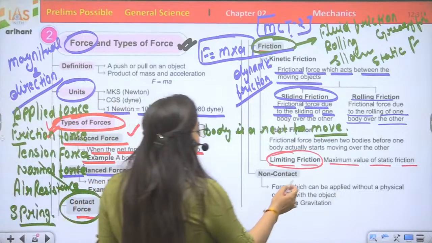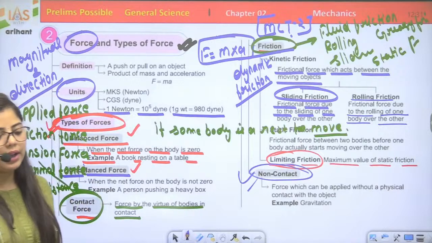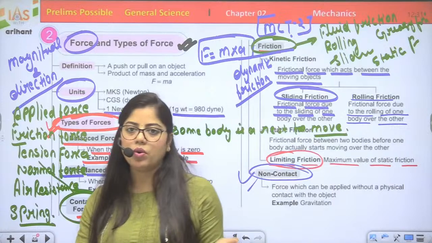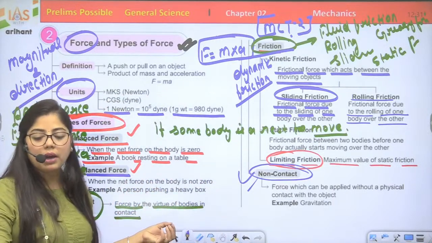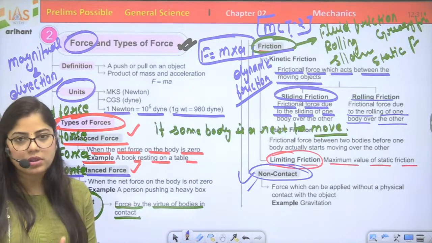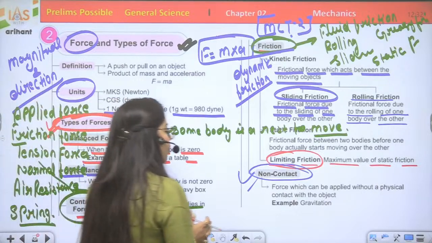Now comes the next point, non-contact forces. When we understand contact forces, also we need to understand non-contact forces. There are many types of non-contact forces like magnetic force, electrostatic force and gravitational force.